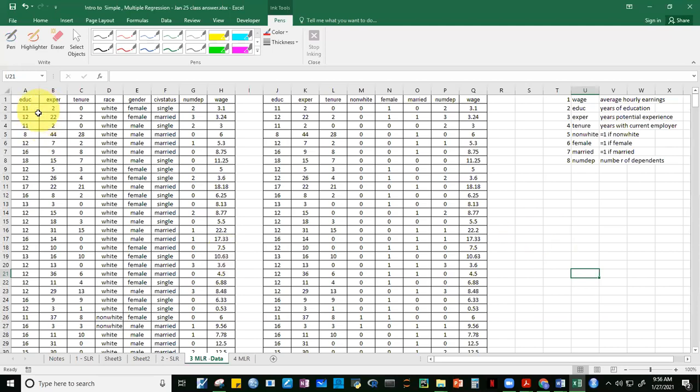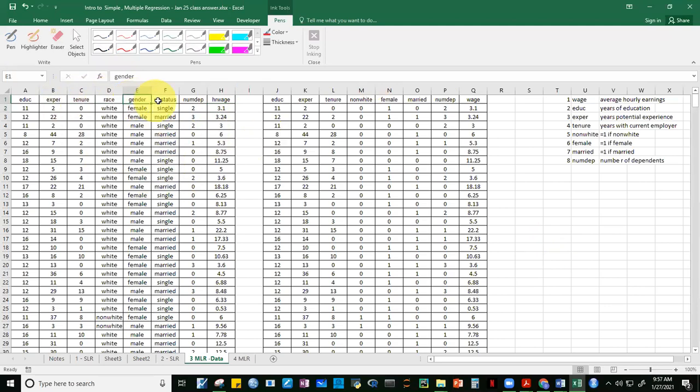Alright, then we have this, taken from the same data set. Ito education natin. Gawin din natin itong hourly wage. But now, we'd like to explore what if we use these other variables.